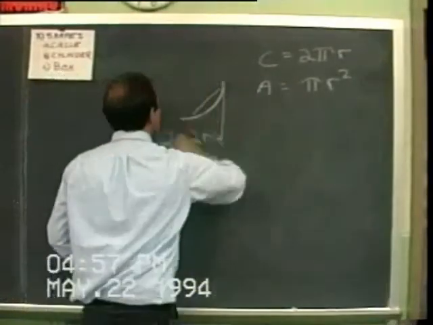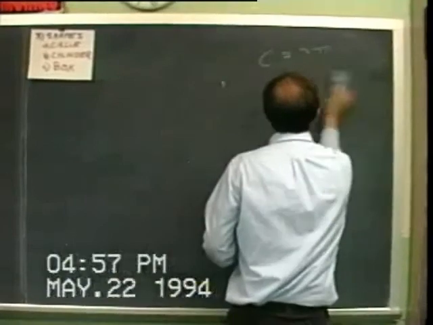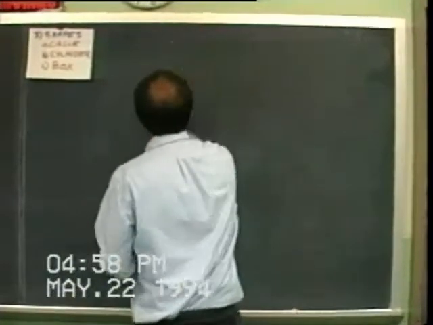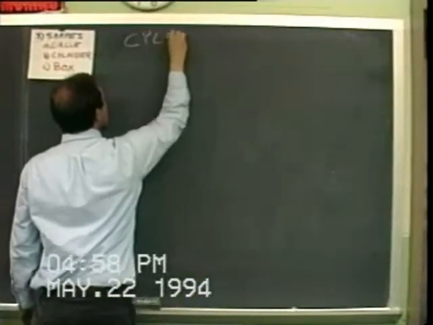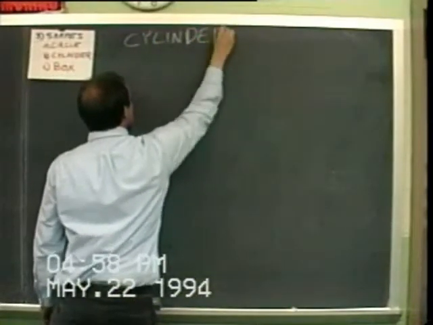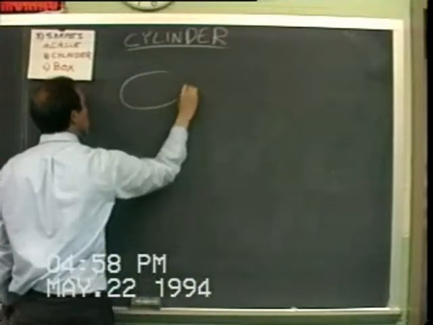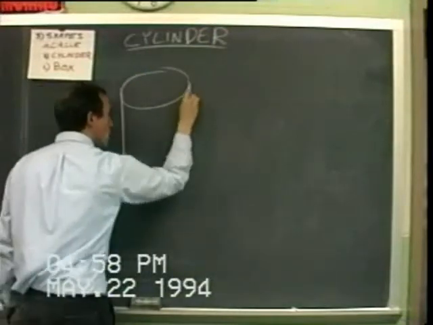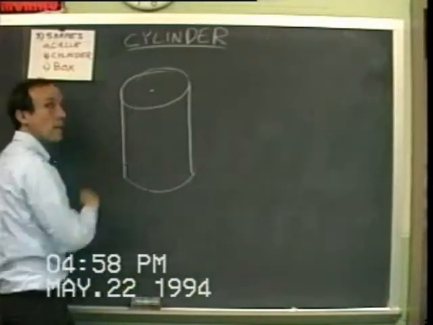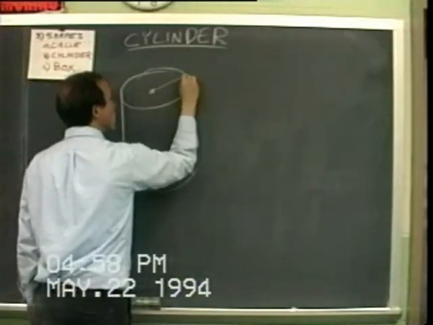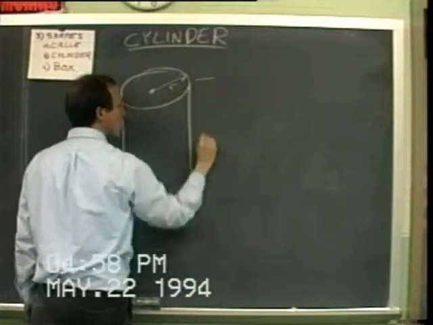Okay, next we got the cylinder. It's got a circular face up top, characterized by a radius, r for instance.